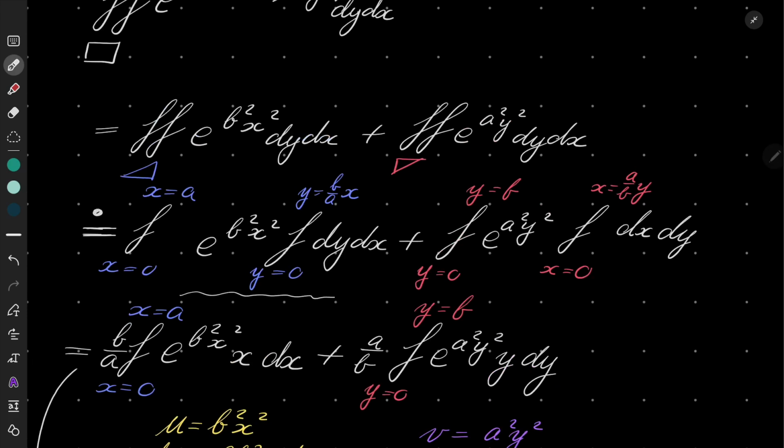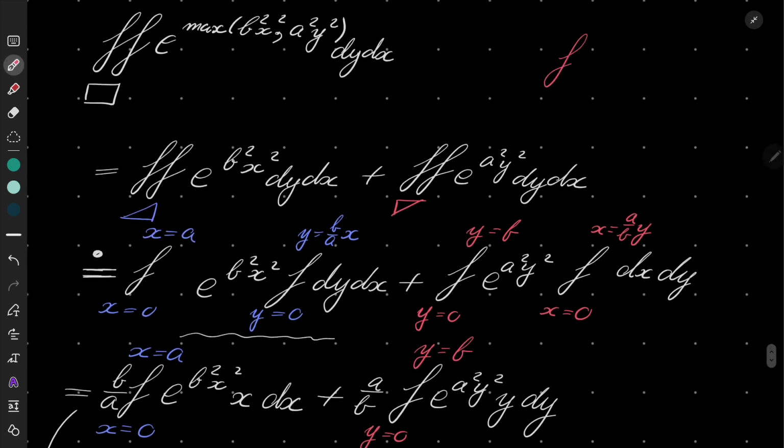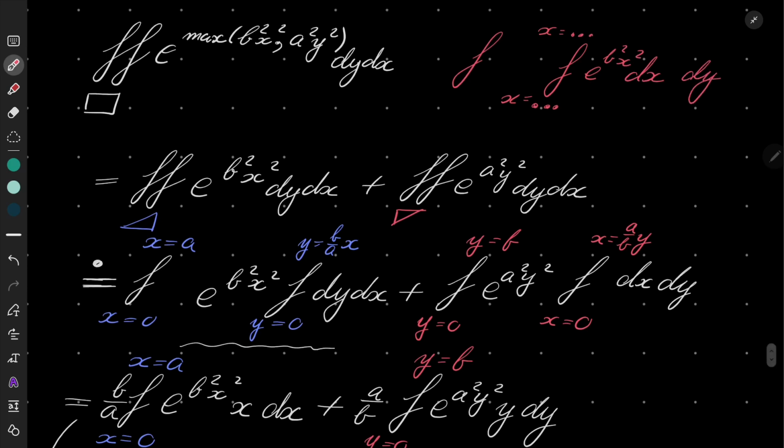Because, for example, if you put first the integral over y and then the integral over x, you will end up with something like an integral over x, going from somewhere to somewhere, of e to the power, for example, b squared x squared dx, and the other integral will be over y. That type of integral is problematic because it is well known that there is no nice indefinite integral of e to the power x squared.